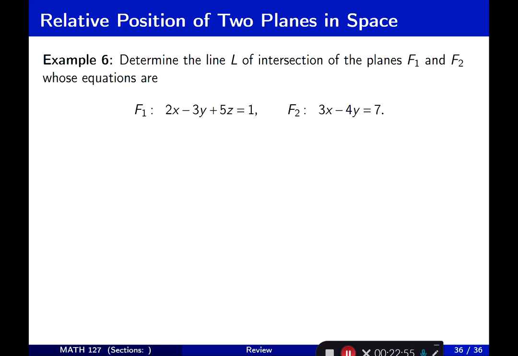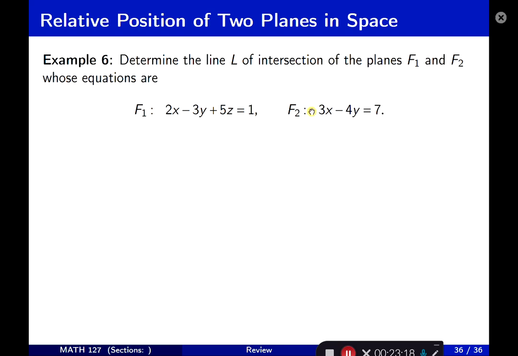And remember, any line on each plane is perpendicular to the normal vector. So the normal vector of F1 and the normal vector of F2 are both perpendicular to L. Two vectors perpendicular to another vector, right?